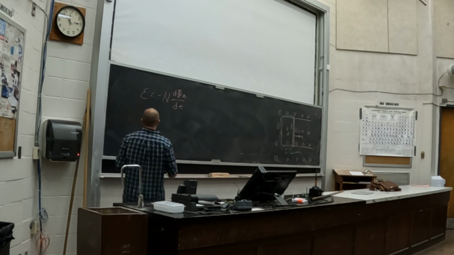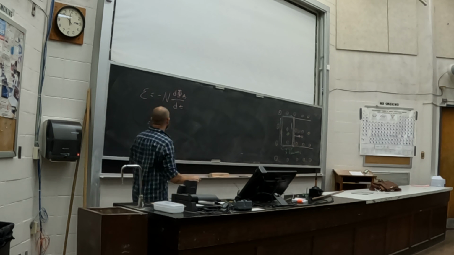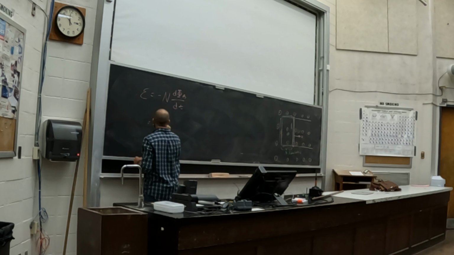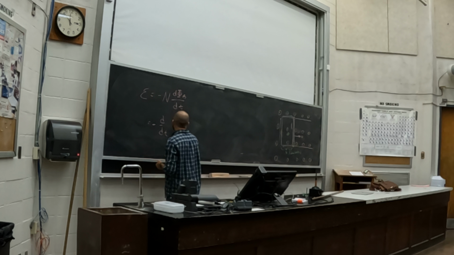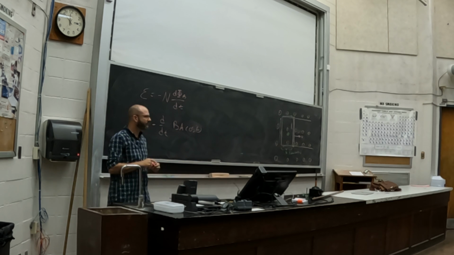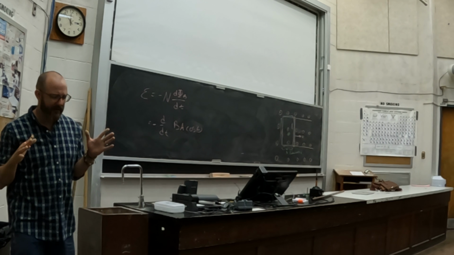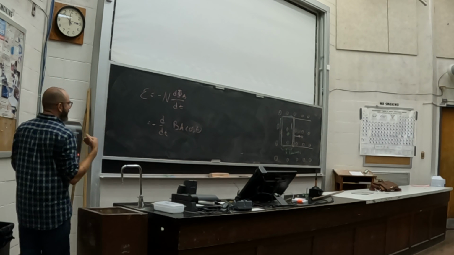Okay, so if I unpack now what the flux is, I get minus d/dt, again, N's gone, one, of what the flux is. B A cosine theta. Remember, theta is the angle between the area vector and the magnetic field.